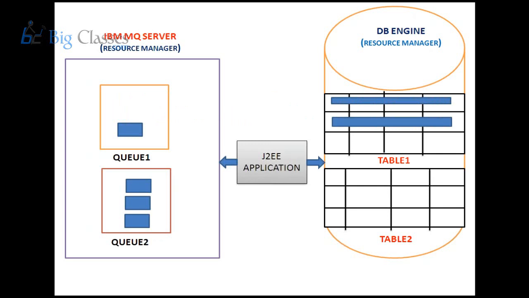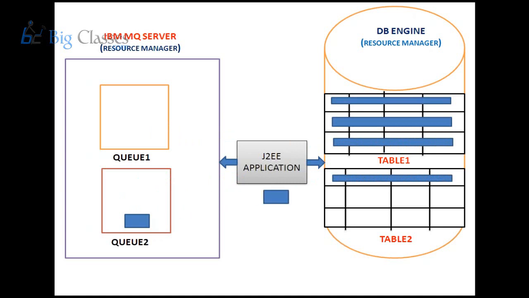In the database, data is stored as records, and that storage is permanent. In the MQ server we store the data as messages, and that storage is temporary. Are you clear? Yes, sir. Good.